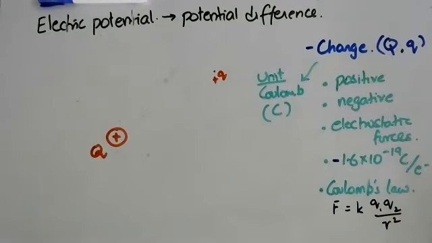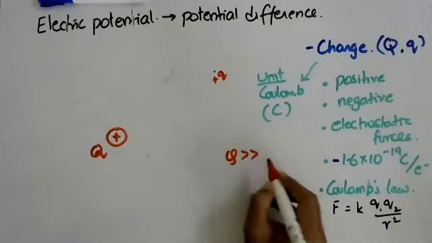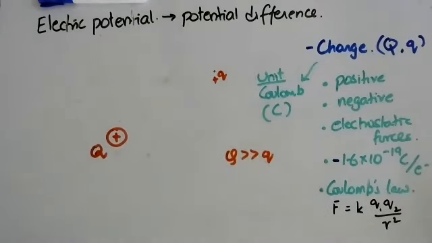I hope that rings a bell for you, because I remember doing this discussion with you all in class 9. Very small. The nature of the charges is something like this. Large Q is very, very large in comparison to small q. And there is a reason behind it. I'll come to it in a moment.